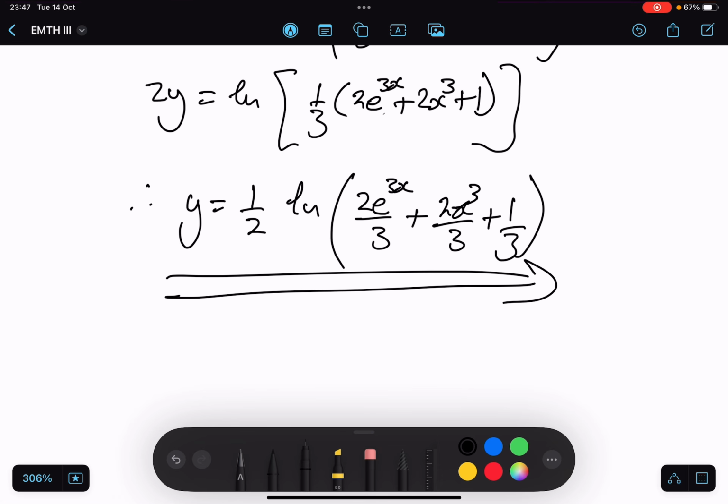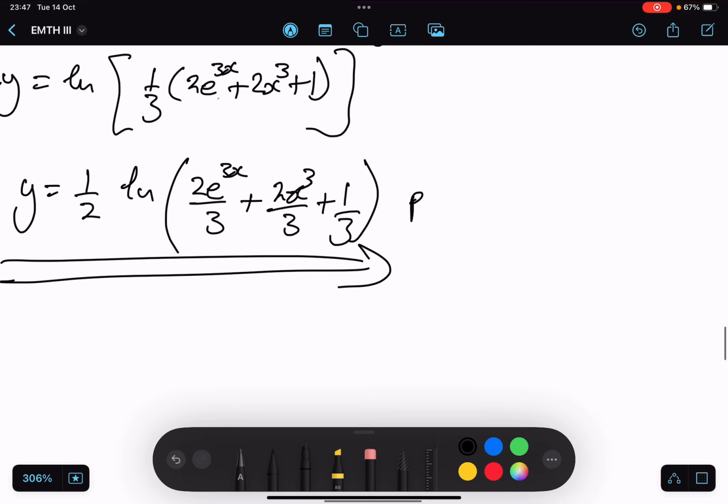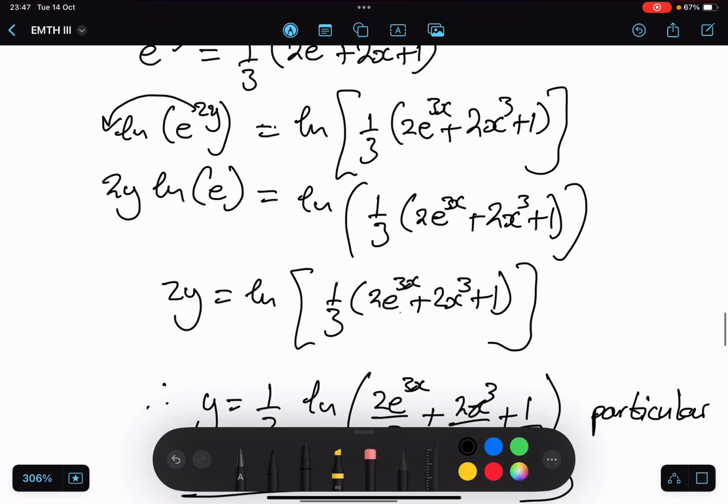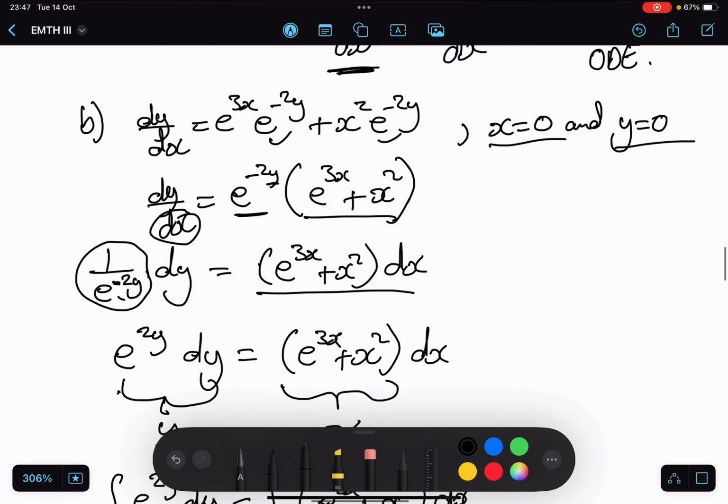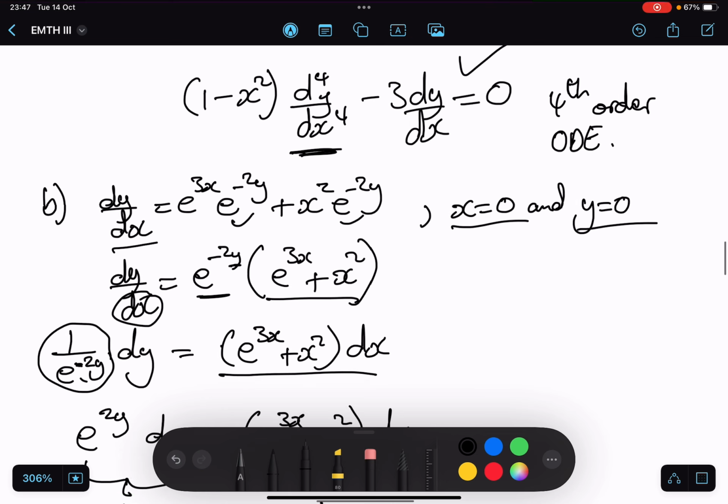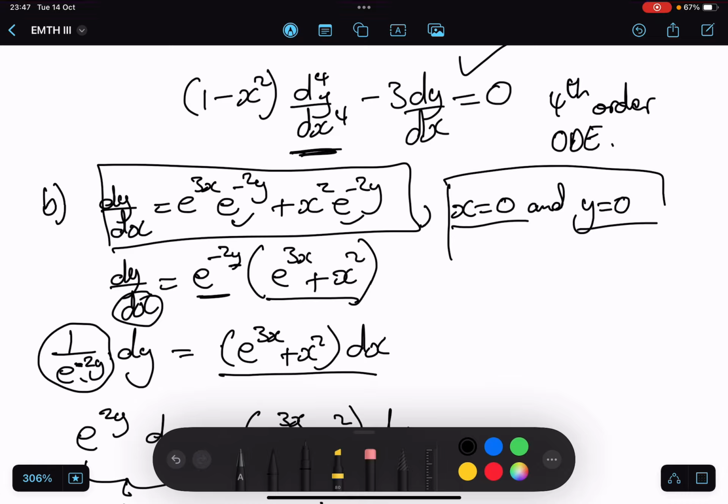So now we have found our particular solution. We were given this ordinary differential equation with the boundary conditions.